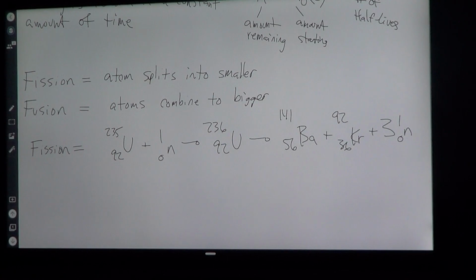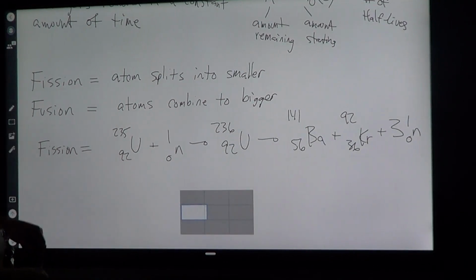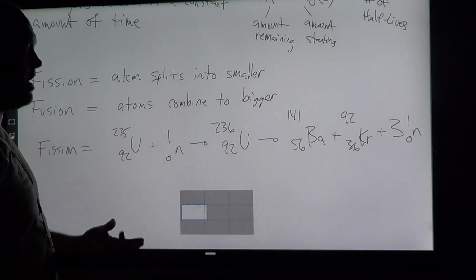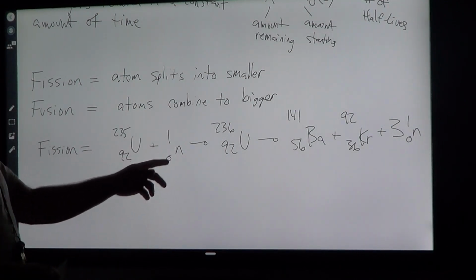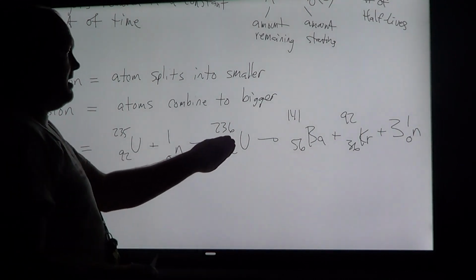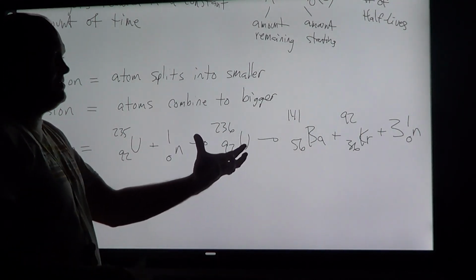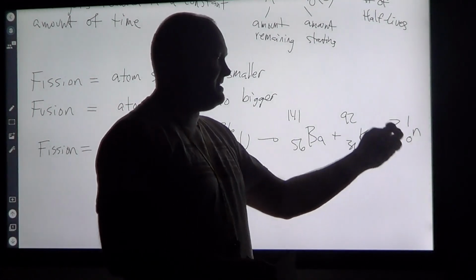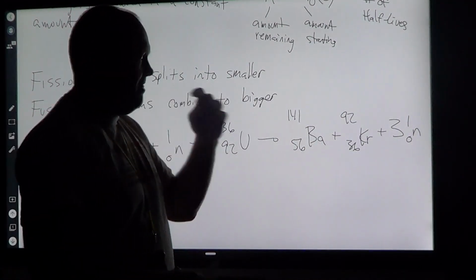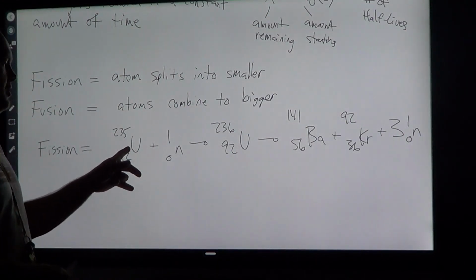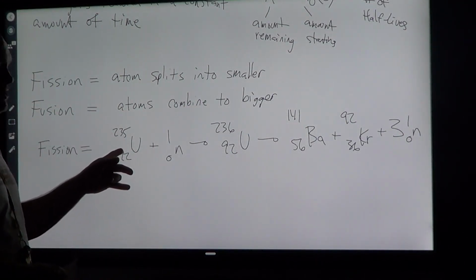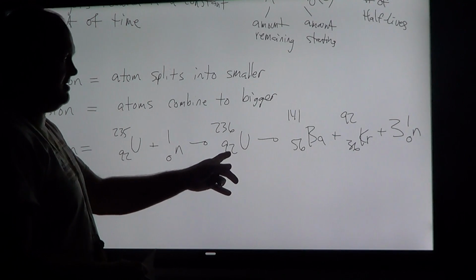Those are neutrons. And so what happens is, once you start a fission reaction, it will go through what we call a chain reaction. We only have to give it 1 neutron, and when that first atom explodes, it sends out 3 neutrons. Those 3 neutrons all run into another uranium-235, which means we now have 3 of these.